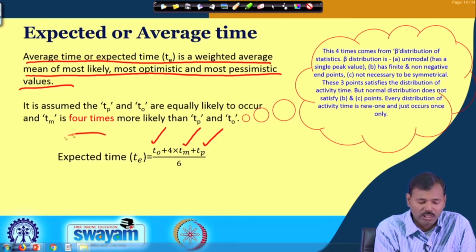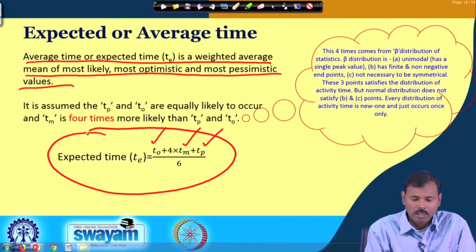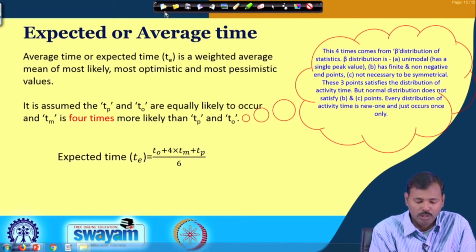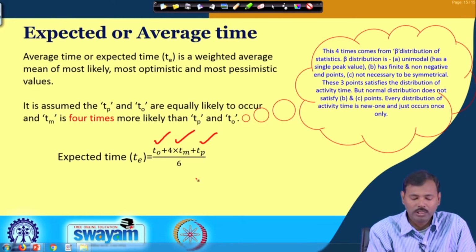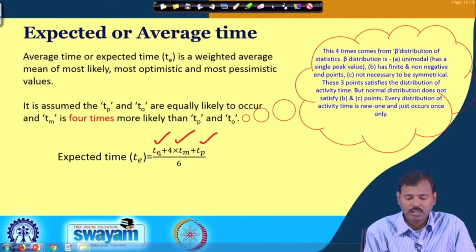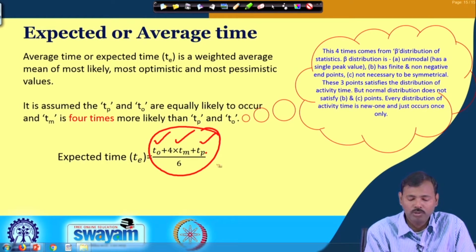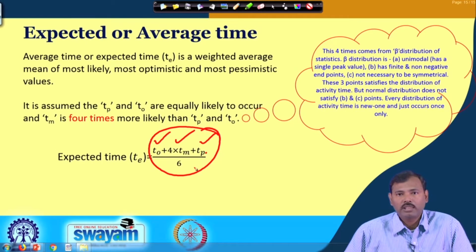This formula is given by expected time equals T0 plus 4 into Tm plus Tp, divided by 6, where T0 is the most optimistic time, Tm is the most likely time and Tp is the most pessimistic time. Weighting and averaging these, we get the expected time or mean time for completion of these activities.